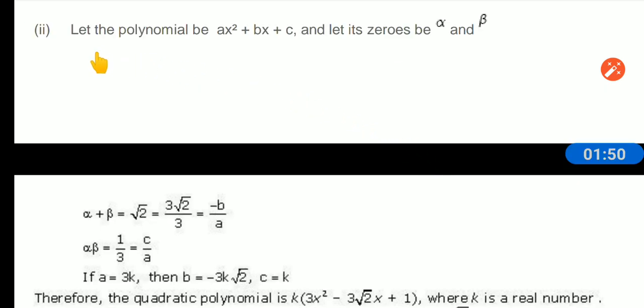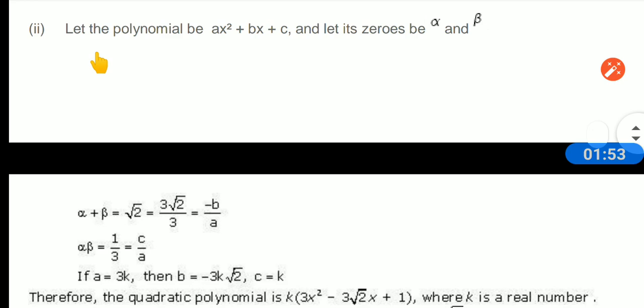So first of all, you have to assume let the polynomial be ax square plus bx plus c, and let the zeros of this polynomial be alpha comma beta. It is better to open your textbook exercise 2.2. In the second question, what is the second point? Root 2 comma 1 by 3.